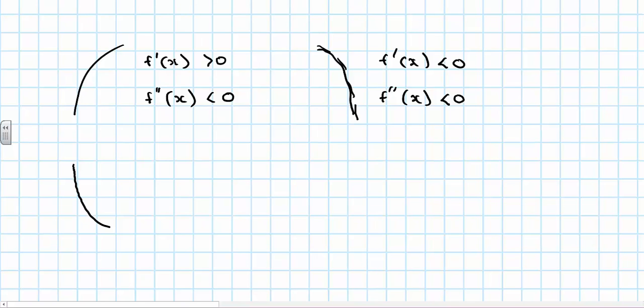a graph like this. Now we know that f dash x here is negative, but f double dash x is greater than 0. You can see that the gradient values are heading from a large negative value towards 0.